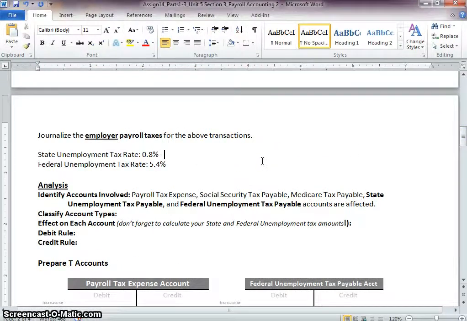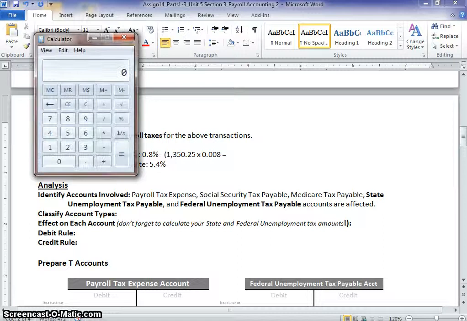We have total earnings of $1,350.25. I'm going to take that times my 0.08%, which, you know your math conversions well, gives me 0.008. And let's just pull up the calculator real quick to see what that would be.